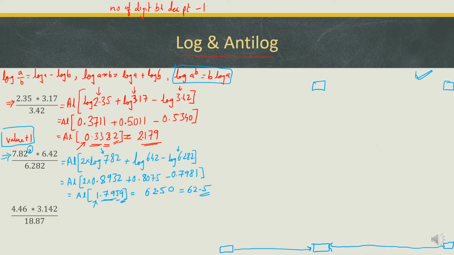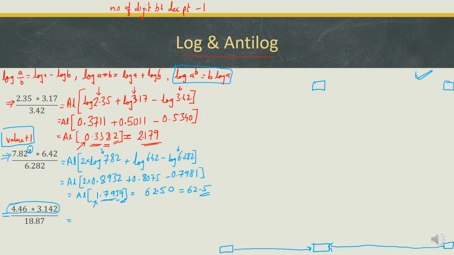Now in this example, important point to note over here is when you try and find out the approximate value over here, the numerator is less than the denominator. So your fraction will be less than 1, and because of which the log ka answer will become negative. And you cannot take antilog of a negative number, and then the process complicates and you need to go through a couple of more steps.